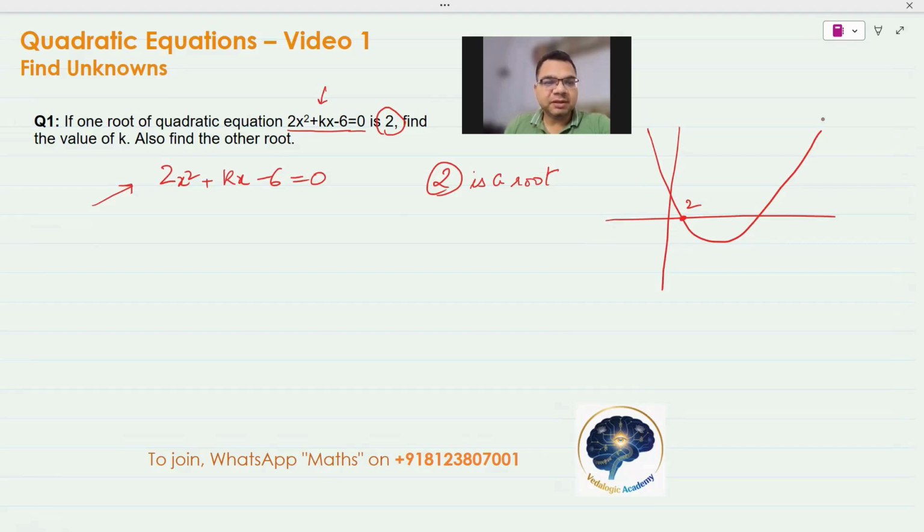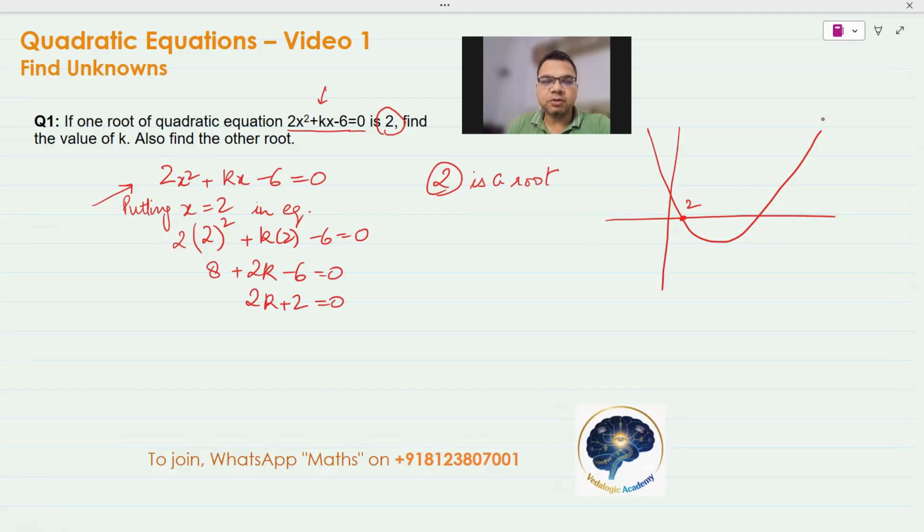So putting x equals to 2 in the equation, it becomes 2 into 2 square plus k into 2 minus 6 equals to 0. So it becomes 2 times 4, which is 8, plus 2k minus 6 equals to 0. 8 minus 6 becomes 2, so it becomes 2k plus 2 equals to 0.